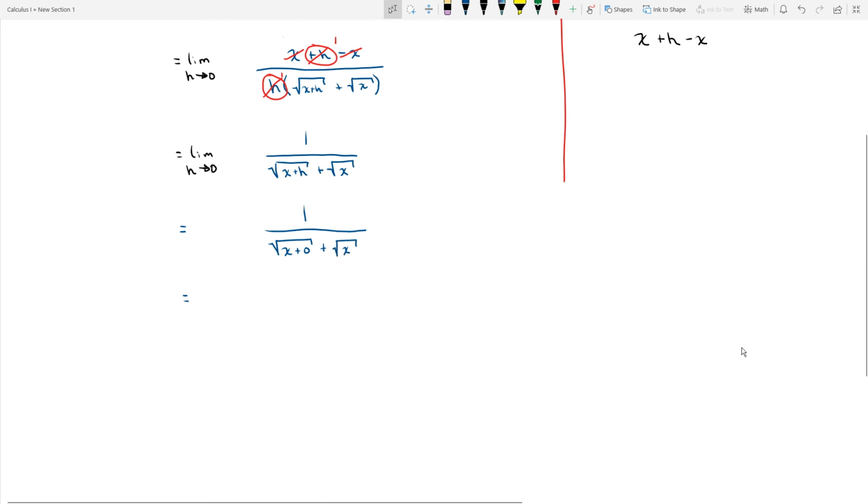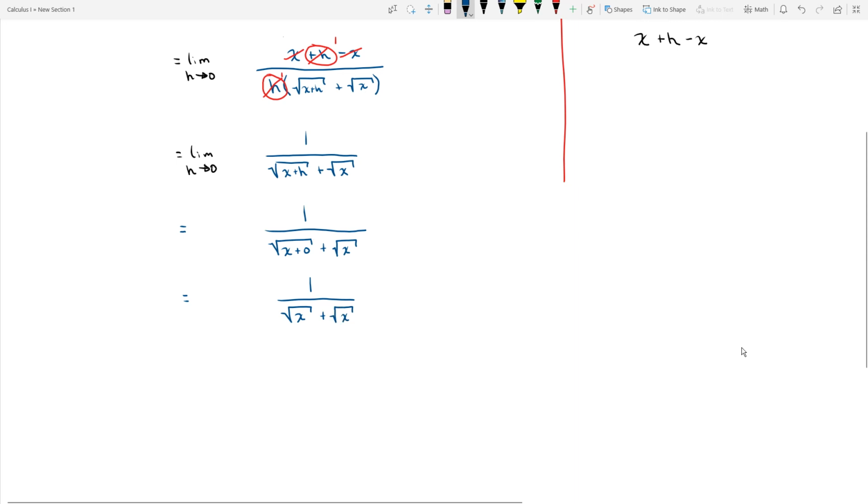And as you can see, x plus 0 is just x. So we end up with 1 over the square root of x plus the square root of x.